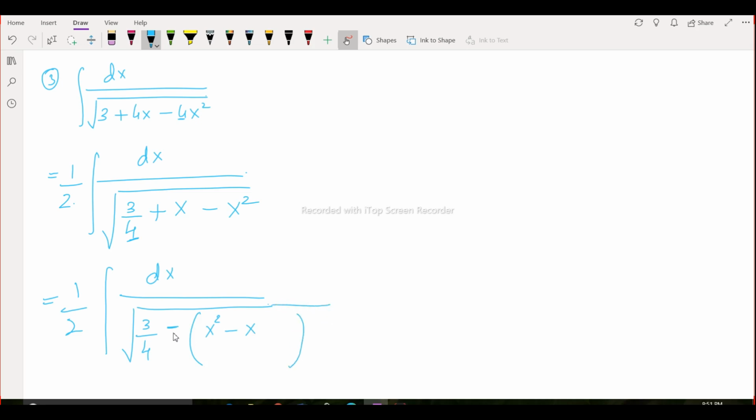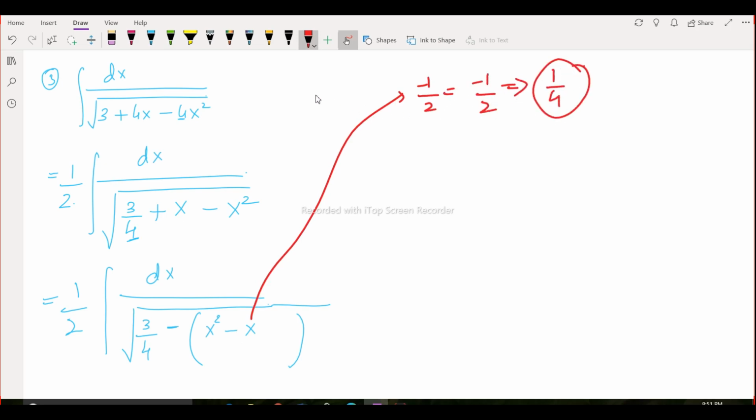So I've taken minus out. Now see, what is the coefficient of x? The coefficient of x is minus 1, right? So minus 1 you divide by 2, you get minus 1 by 2. Obviously you square this and you get 1 by 4. So what you have to do is, now you have to add 1 by 4, and you have to obviously subtract 1 by 4.